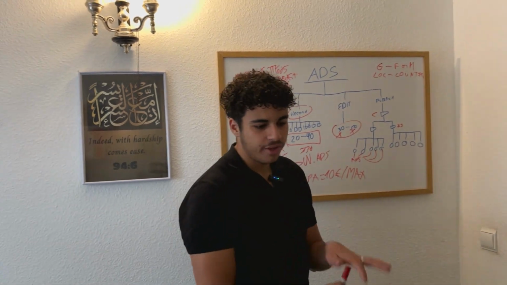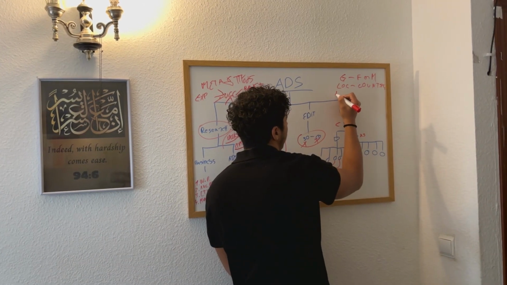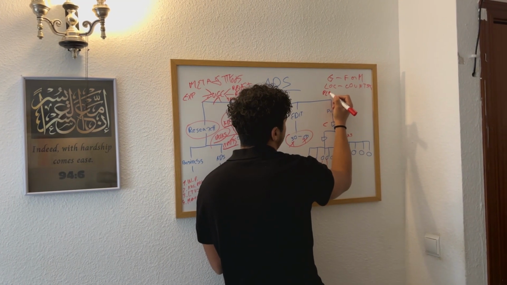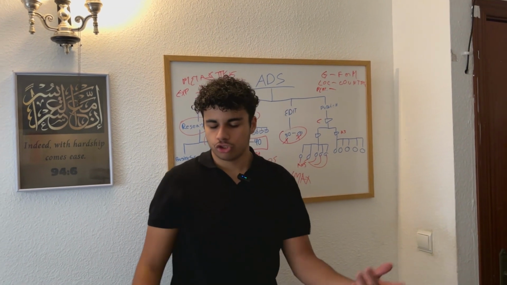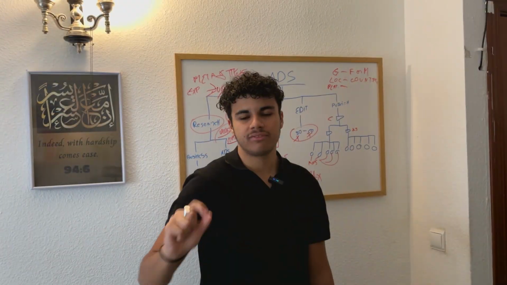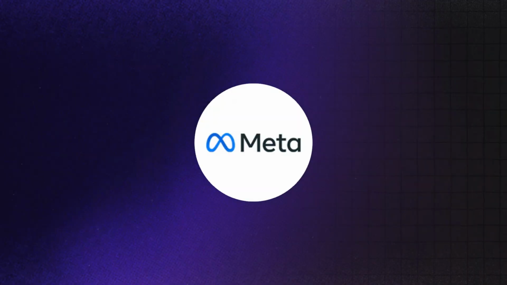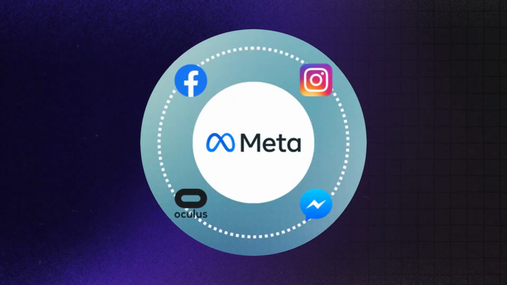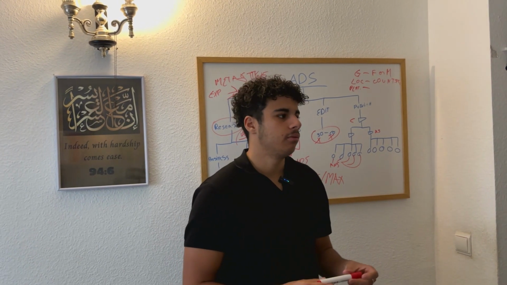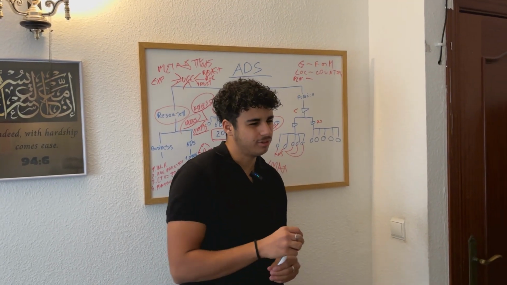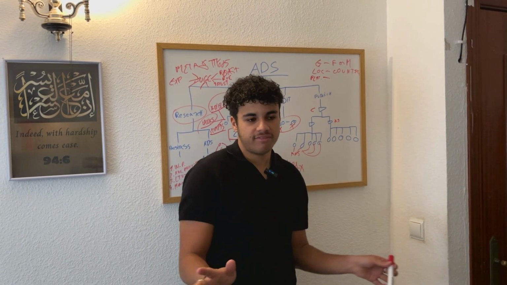So after that, we have the platforms, right? The platforms are really important because the thing with Meta is that in Meta, we have different platforms. We have Instagram, we have Facebook, we have Audience Network, and we also have Threads now, yeah? And we have Messenger as well, and WhatsApp, or WhatsApp is not really, but we have different platforms.